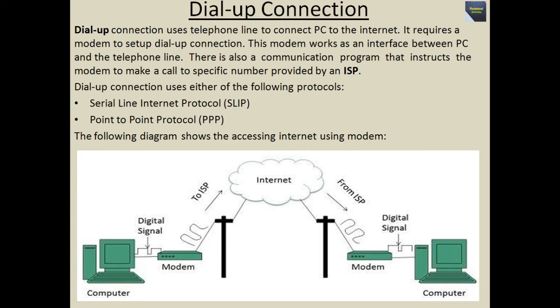There is also a communication program that instructs the modem to make a call to a specific number provided by an ISP. Dial-up connection uses either of the following protocols: one is serial line internet protocol known as SLIP, and another is point-to-point protocol known as PPP. And the diagram shows the dial-up connections.